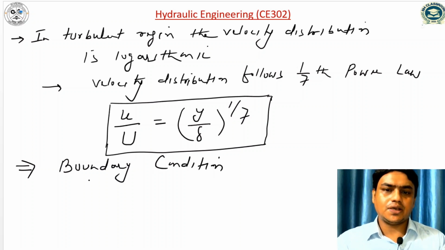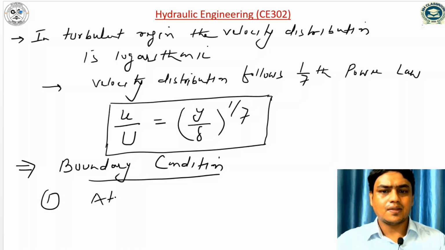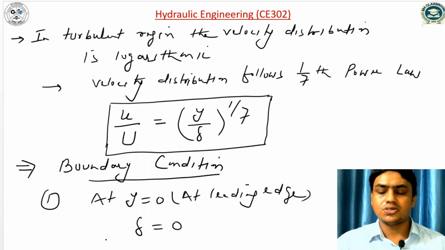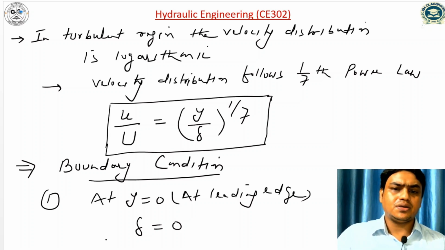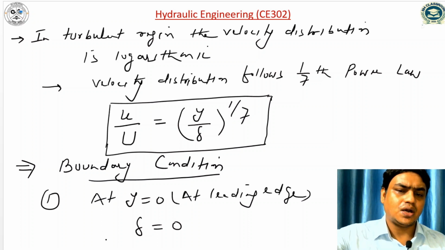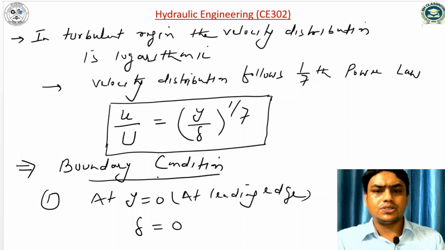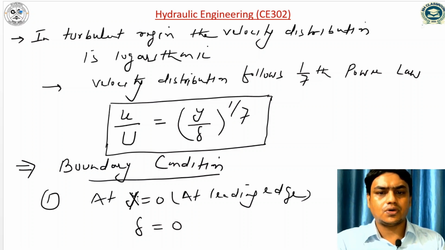The first boundary condition we can write at x is equal to 0, that is at the leading edge, our boundary layer thickness is equal to 0. Sorry, at x is equal to 0, not y. At x is equal to 0, our boundary layer thickness is 0.